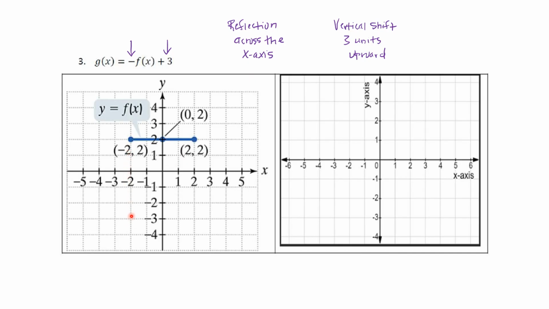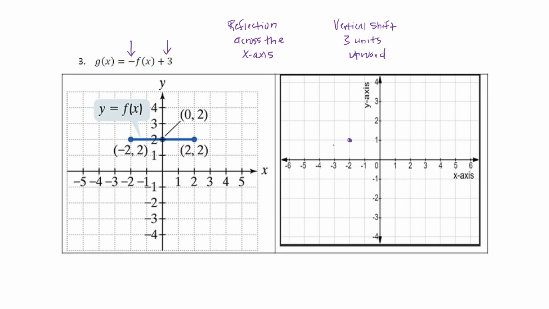Our y-coordinate. So we go from -2, 2 to -2, -2. Now we want a vertical shift 3 units. So we'll go up 3, 1, 2, 3, and we land at -2, 1.